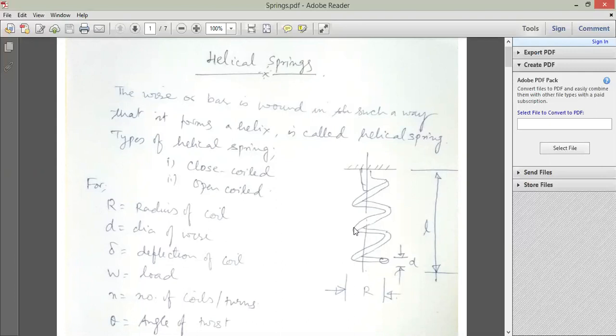It has many advantages and many applications. The first application is in shockers, where we normally use coil springs or leaf springs.